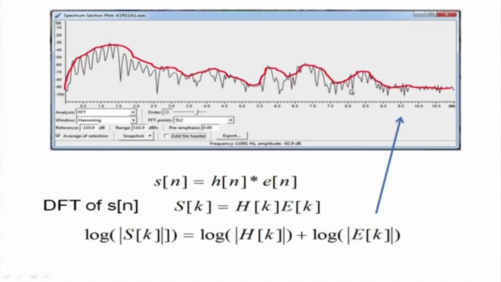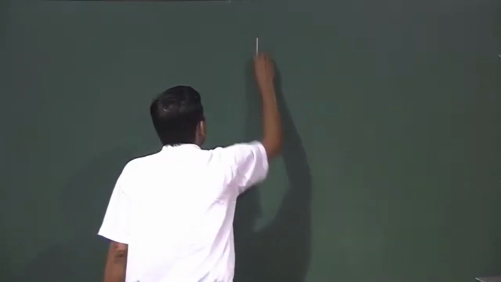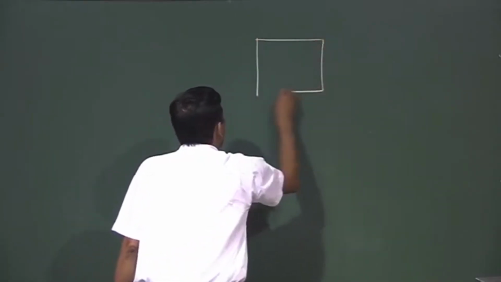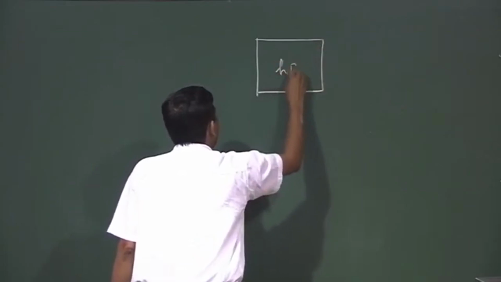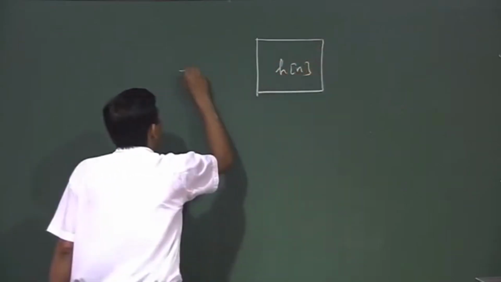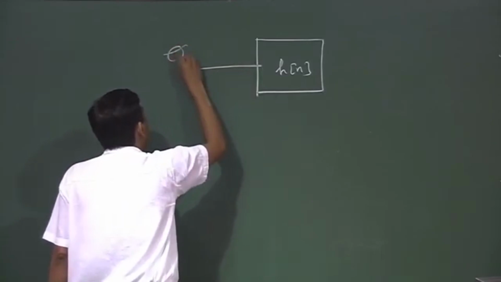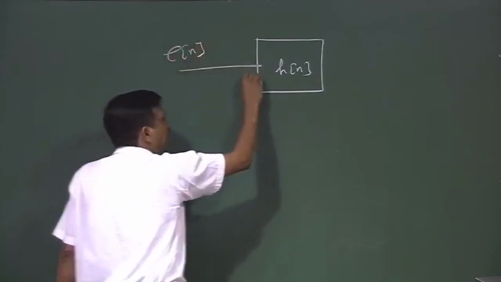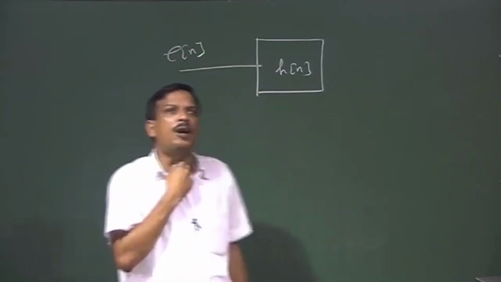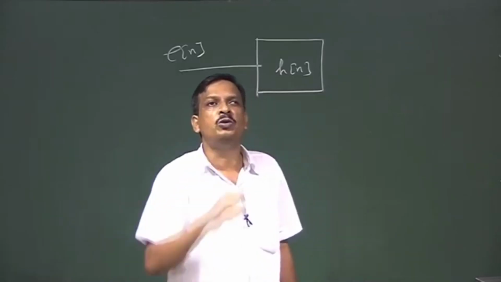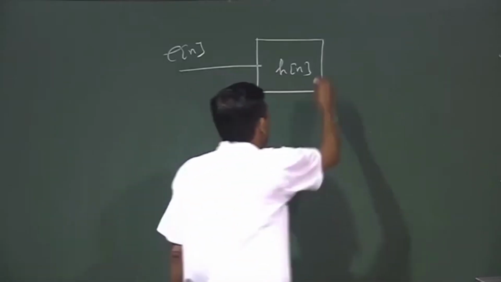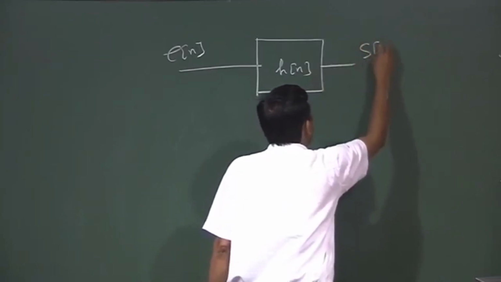because speech is nothing but this: this is the human vocal tract, H(n), and there is an excitation, E(n). The glottal excitation passed through the vocal tract produces the different speech events. So I can say this is nothing but S(n), the speech signal.